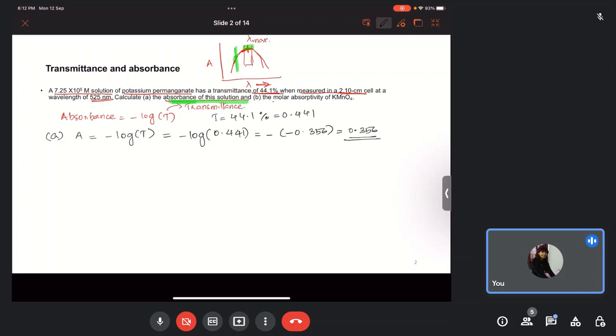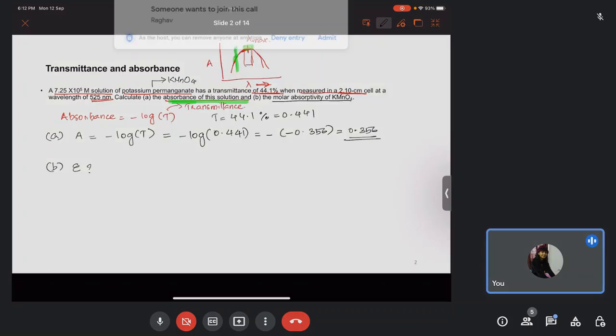The second part of the question is to find the molar absorptivity of KMnO4. KMnO4 is potassium permanganate. We have been asked to find the molar absorptivity, which is epsilon. So how to find epsilon?